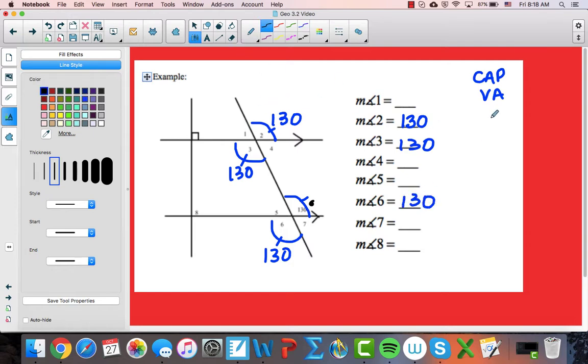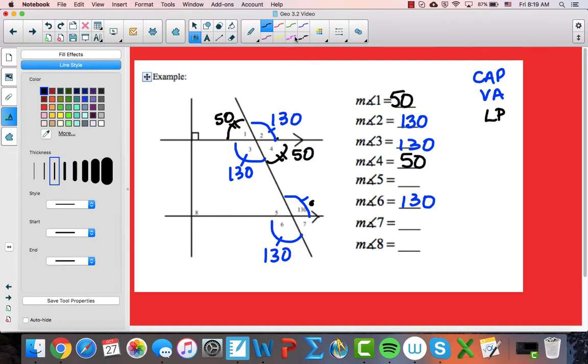Now, you might see that they are a linear pair. So if this is 130, then angle 1 has to be 50 because 1 and 2 form a linear pair. By the linear pair postulate, it tells me they equal 180. So angle 1 is 50 degrees. All right, angle 1 is vertical to angle 4. So angle 4 then is 50 degrees.